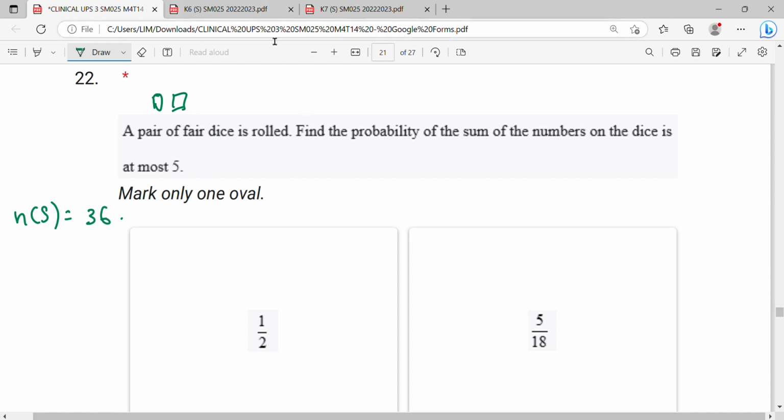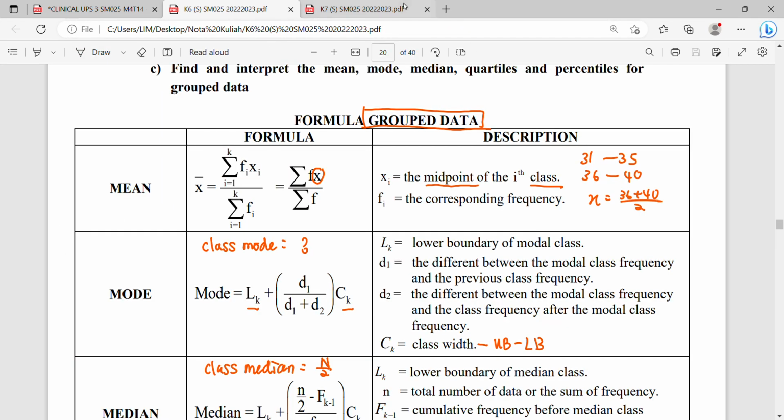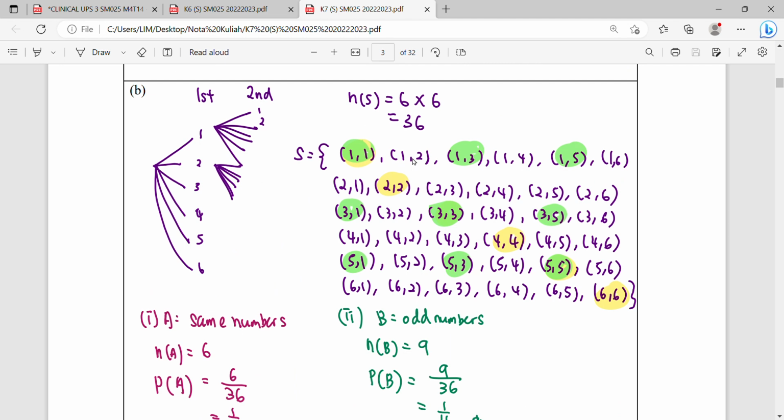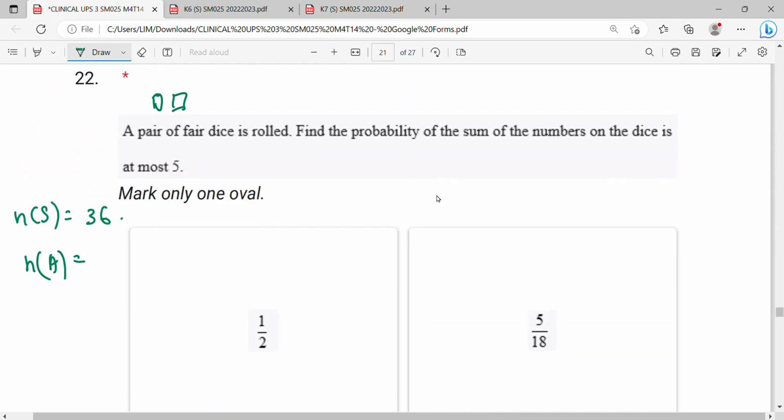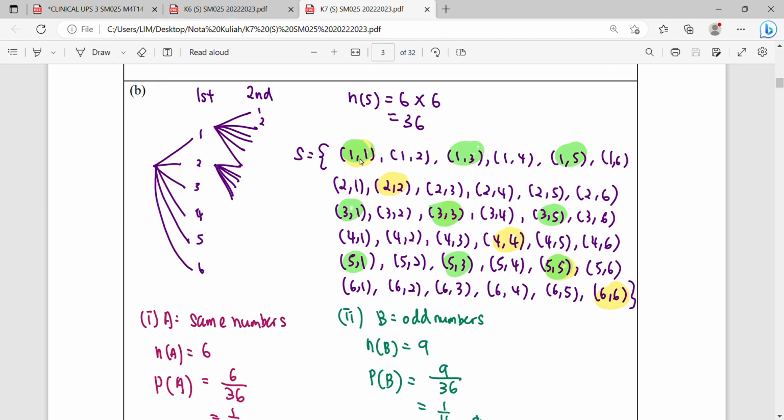So paling banyak 5 ada berapa? Number of event, paling banyak 5. So hasil tambah 2 ni boleh? What's meant by at most? So the total of the 2 is less than or equal to 5. So 1 plus 1, 2, can tak?